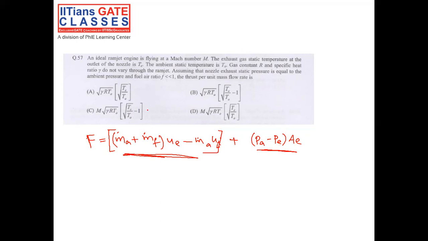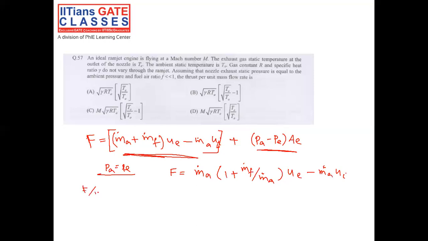Now in this case, for ideal cases, we will consider that pa is equal to pe. So in this case, no pressure thrust is there, so this part is 0. So F, the thrust produced by the engine, becomes ma dot (1 plus mf dot by ma dot) ue minus ma dot ui, and this part becomes 0.